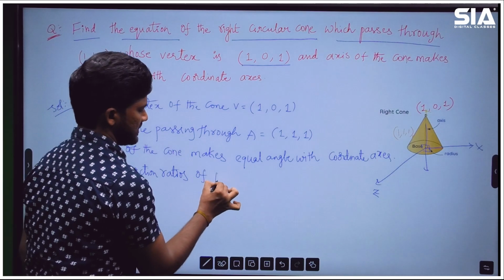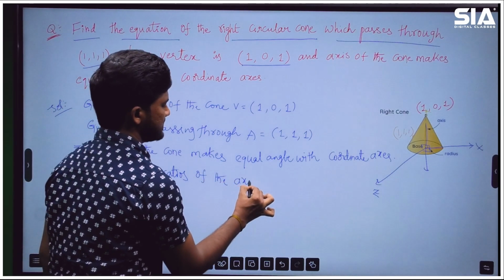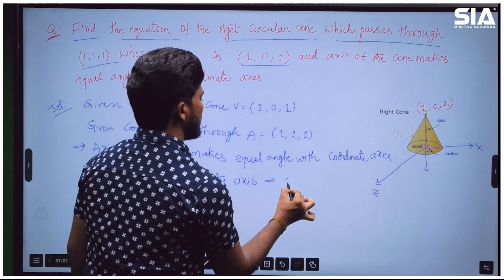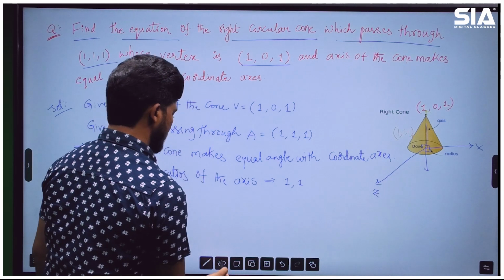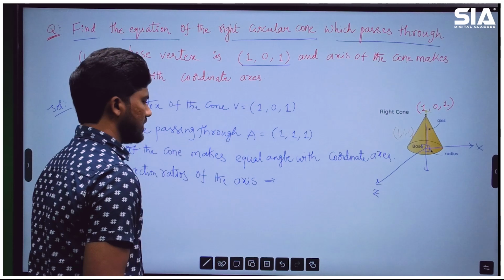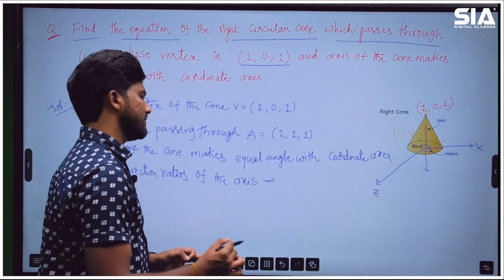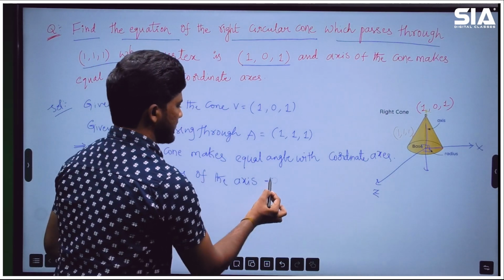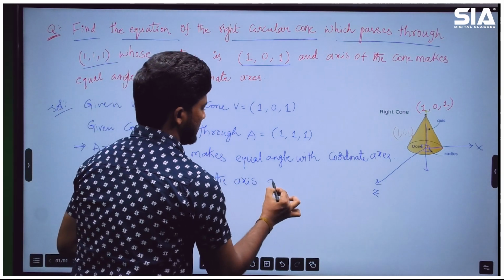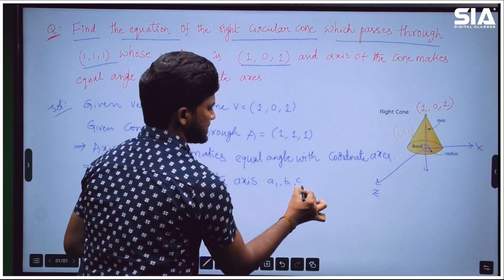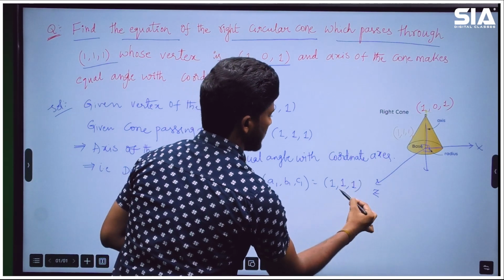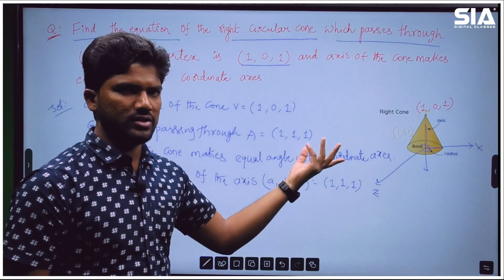Direction ratios of the axis we can write as 1, 1, 1. If the axis of the cone makes equal angles with the coordinate axis, we can write the direction ratios of the axis a1, b1, c1 = 1, 1, 1 only.